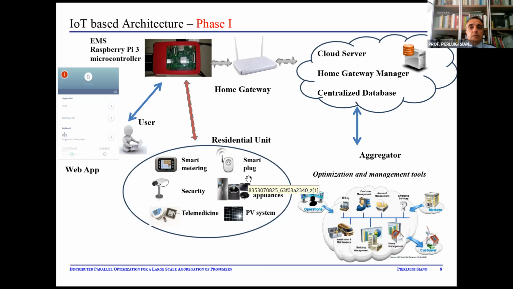The centralized database can register the electrical energy consumption of all electrical loads and the generation of, for example, photovoltaic systems of the users. Also, it is possible to carry out optimization and management activities by the aggregator or energy community manager.